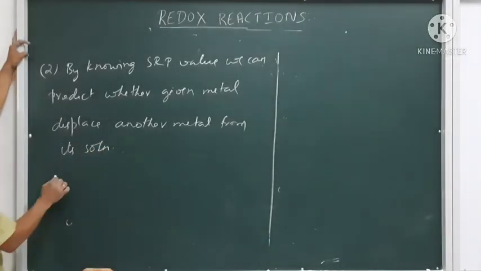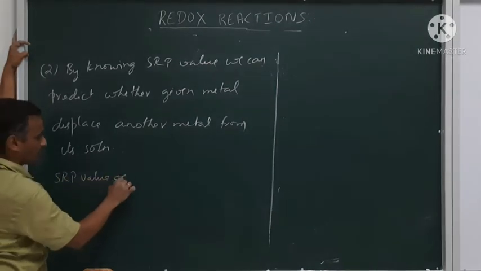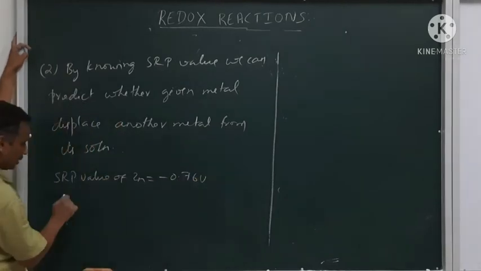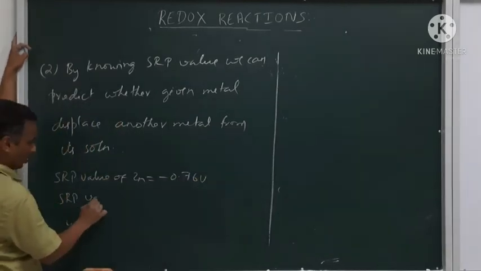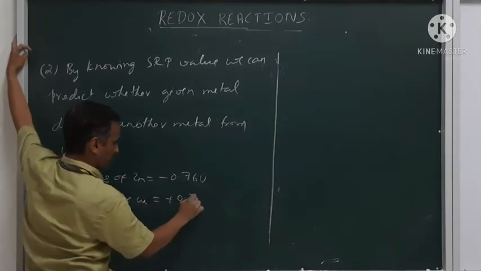Just see, the SRP value of zinc is minus 0.76 volt. The SRP value of copper is plus 0.34 volt.